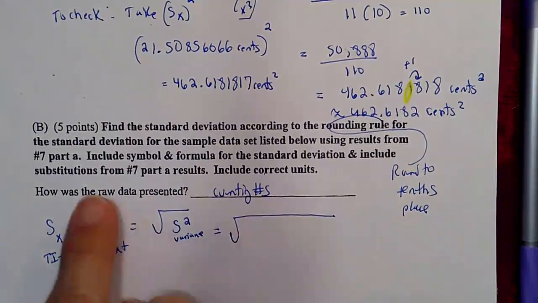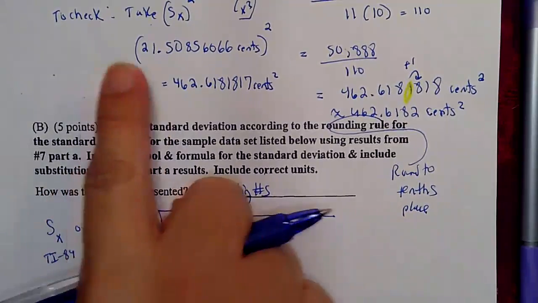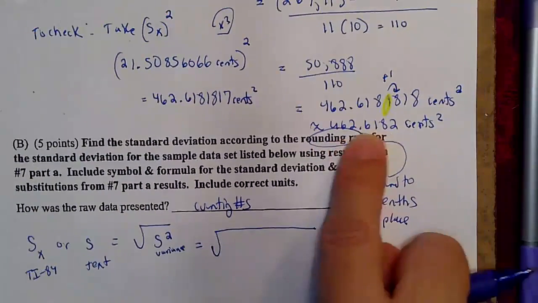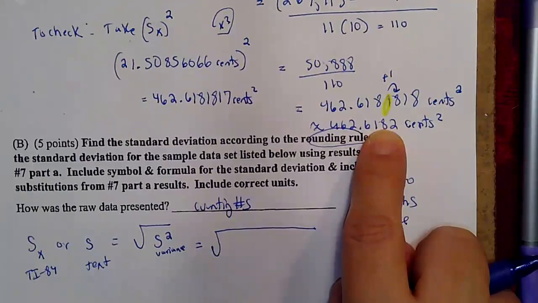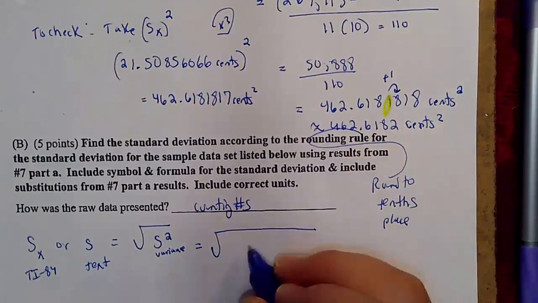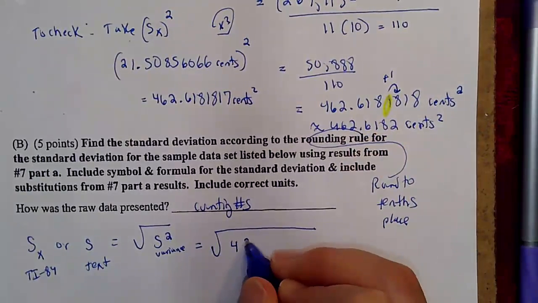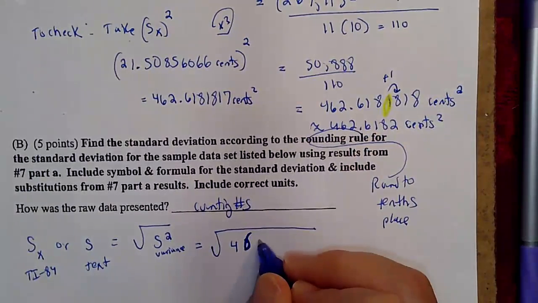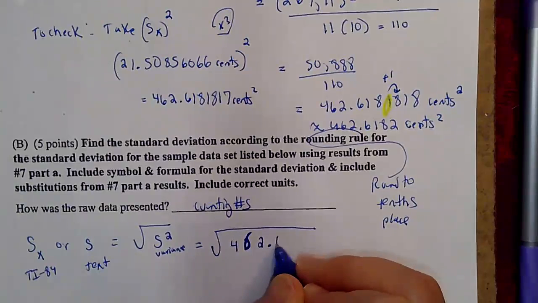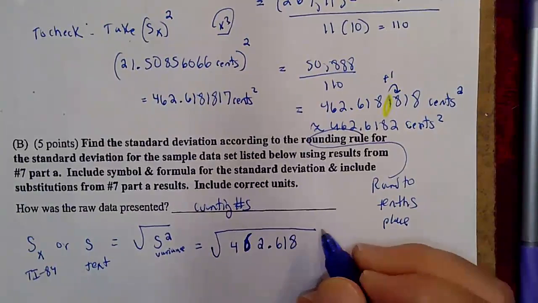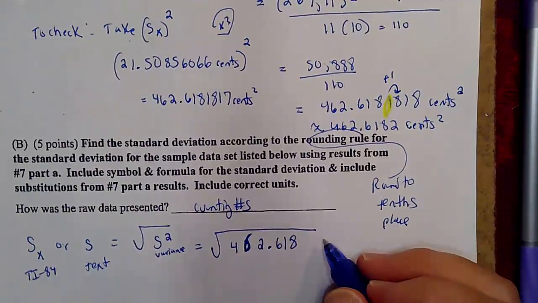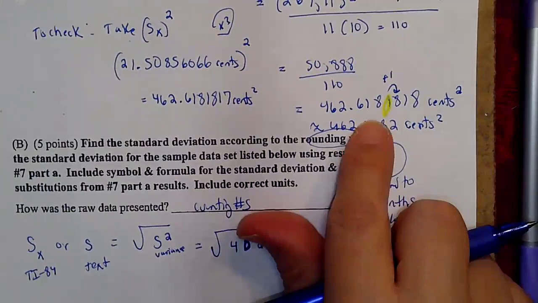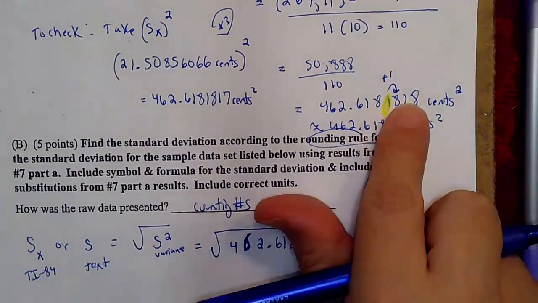And that's where it says to use your answer from 7 part A. You can use this one, we rounded to nearest 10,000s. So if I use this one, actually, I think on my notes here I used the original one.